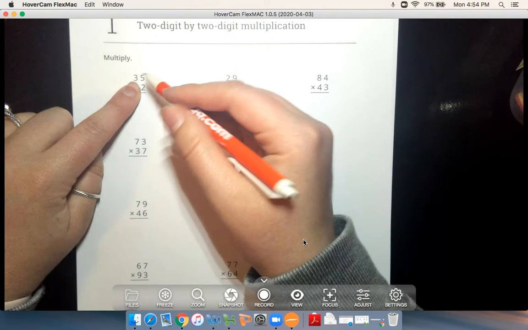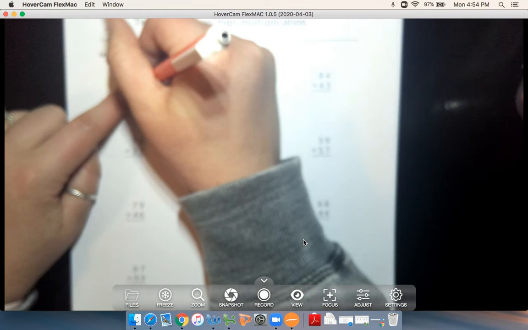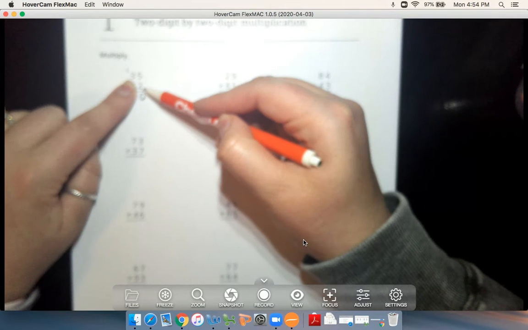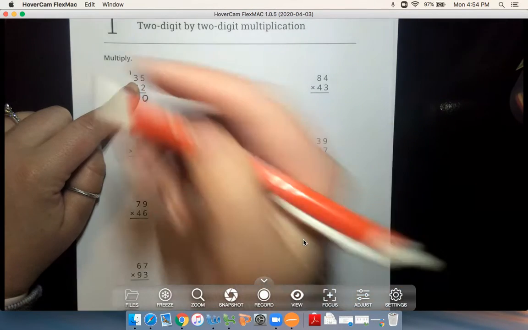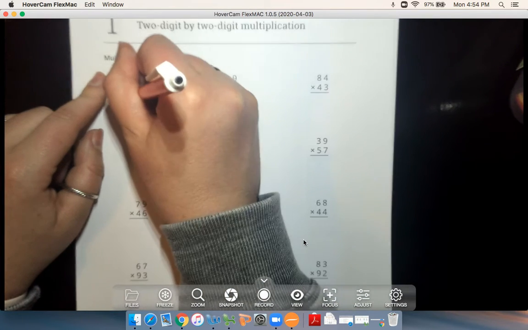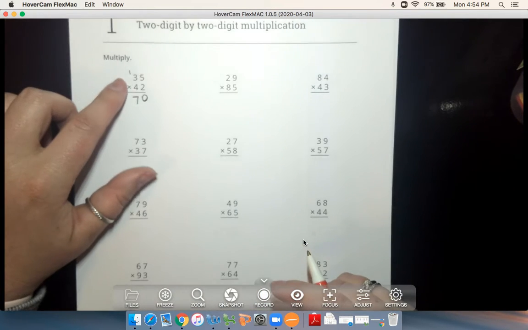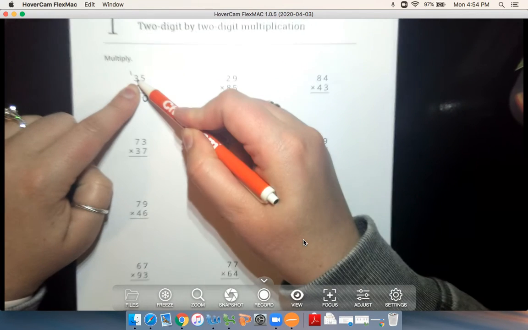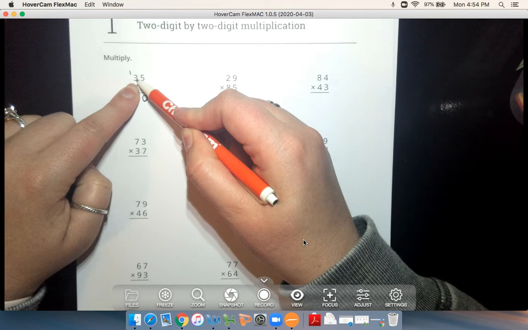Okay, so I'm going to do 2 times 5 is 10. Okay, and then 3 times 2 is 6, plus 1 is 7. Okay, and remember that really what I did there was I did 2 times 30 is 60, plus 10 is 70, which is why I have 70 here.